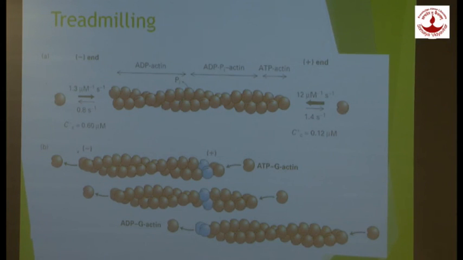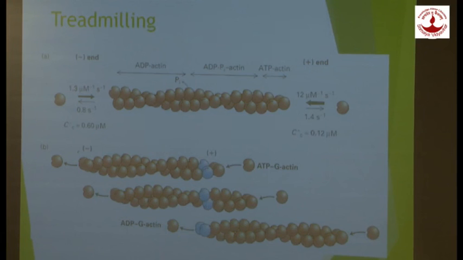Whereas that is not the case at the minus end. At the minus end, the assembly is not that fast. So the rate of hydrolysis is faster at the minus end than the rate of assembly. The second diagram tells you that if an ATP actin goes inside at the plus end, this is the state where you are treadmilling. So it goes inside, and the length of the filament remains the same, whereas the actin just flux out from the filament.